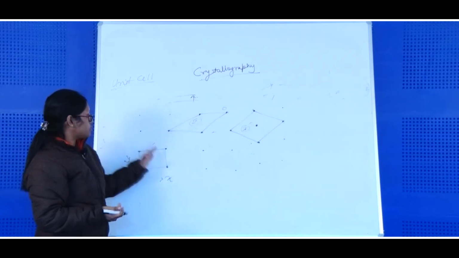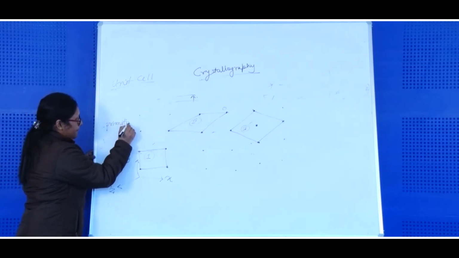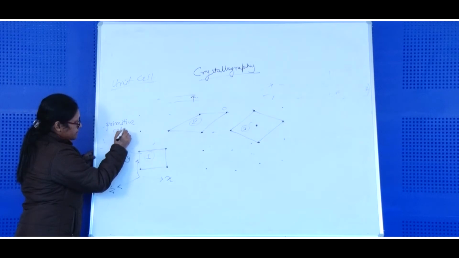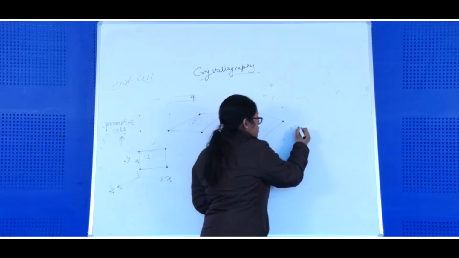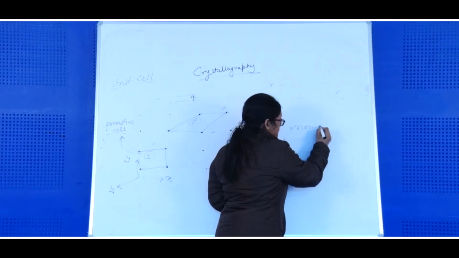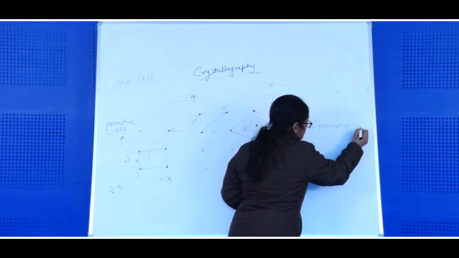This one is called primitive cell, and this 3 is called non-primitive cell.